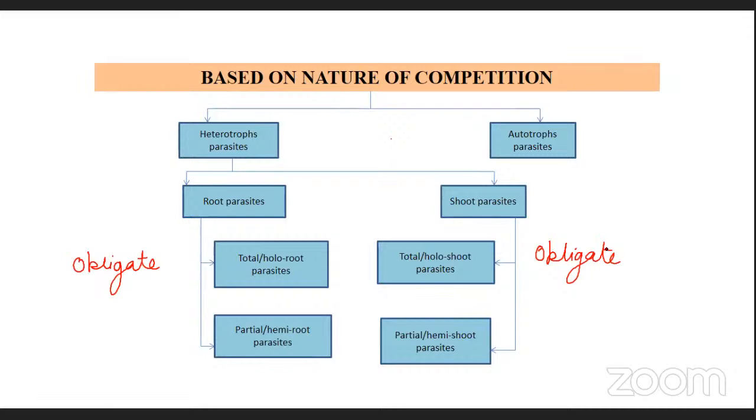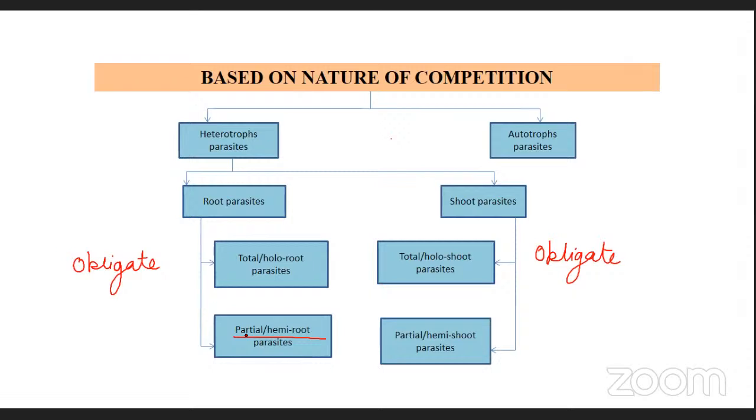And usually this partial or hemi root parasite, right? What is the difference between total and partial? Initially, partial or hemi root parasites are dependent on the host root for their food.